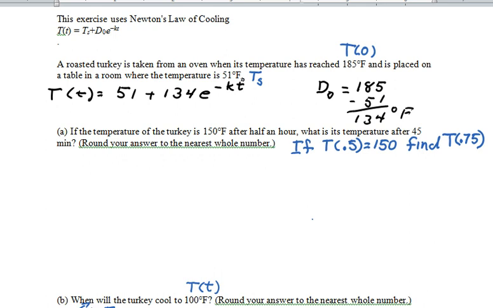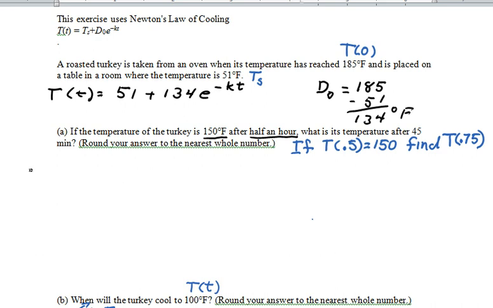Now we're not told either k or t yet, but in part A we are told that the temperature of the turkey is 150 degrees Fahrenheit after half an hour, and asked to find the temperature after 45 minutes. And so we are asked, if T of 0.5 equals 150, to find T of 0.75.